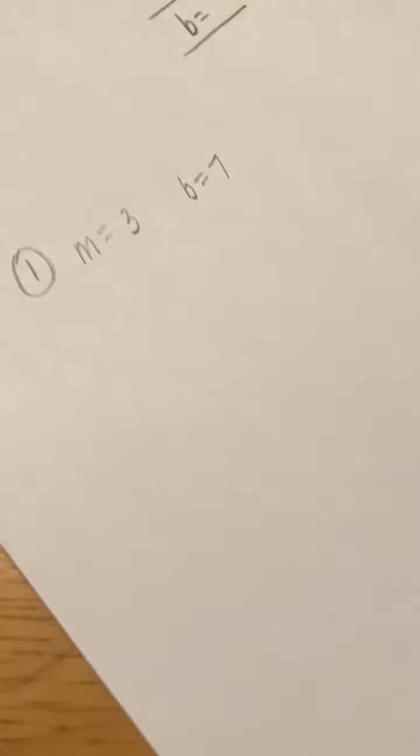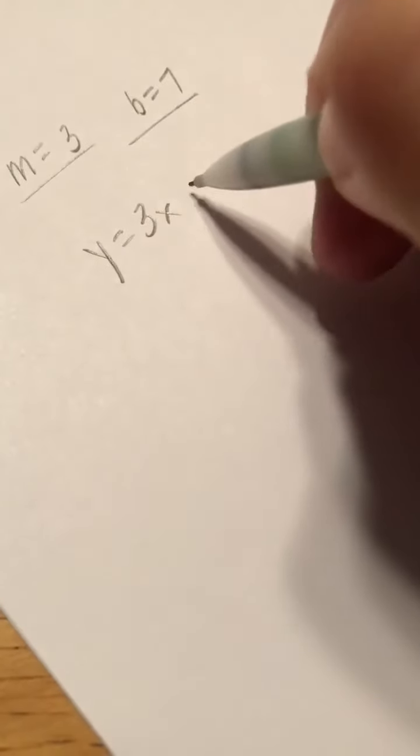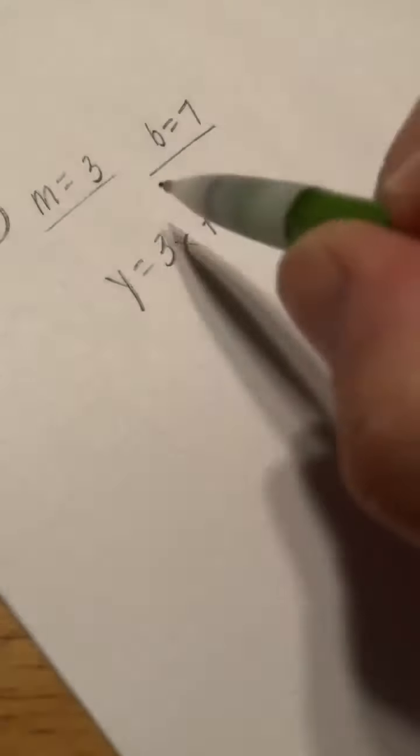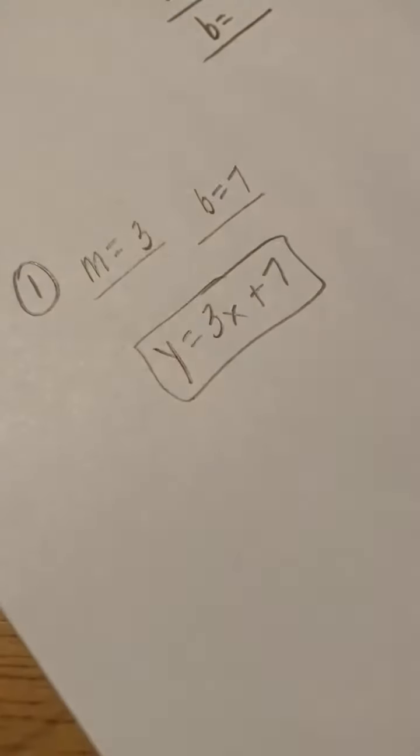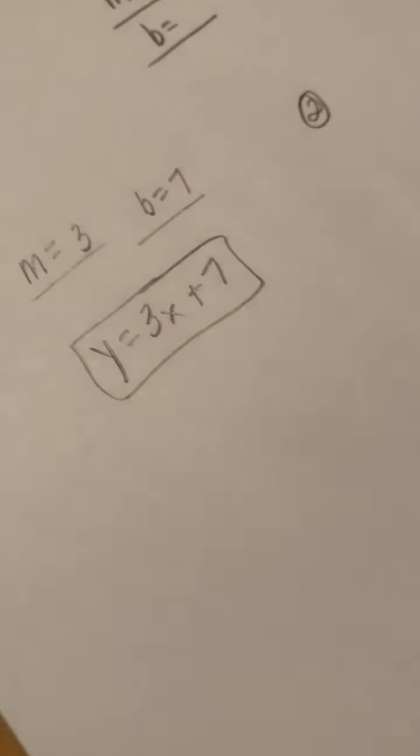What if they tell you M is 3, B is 7? Well, we have both blanks, and so we just plug in. You plug the M in for M, the B in for B, and we're done. Now, keep in mind, a lot of these first ones will be that easy.